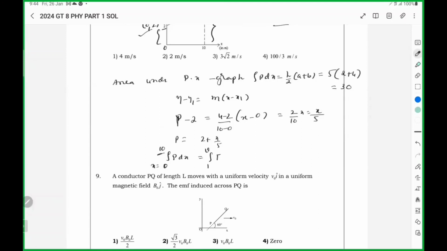Power we can write as Fv into dx. So by default you assume it as constant force. 1 to V, Fv you can write m a v dx.